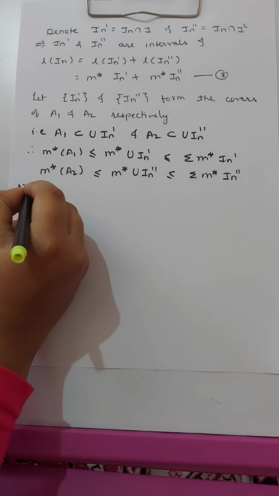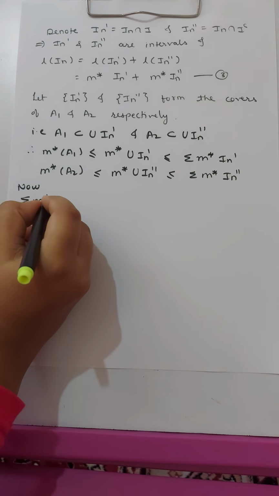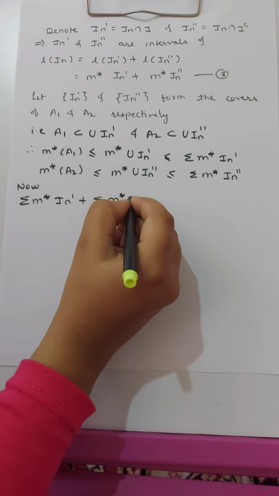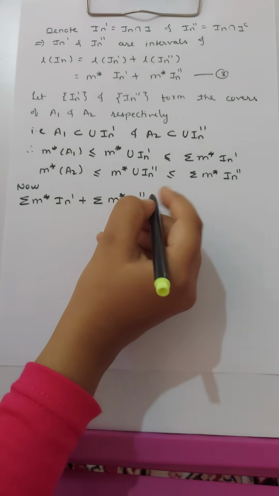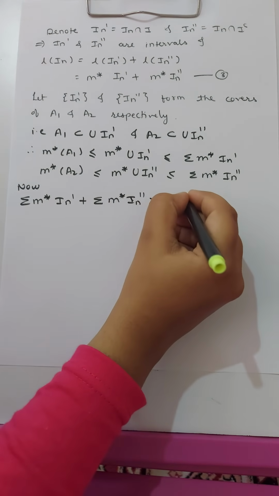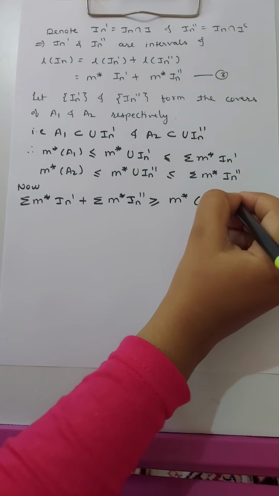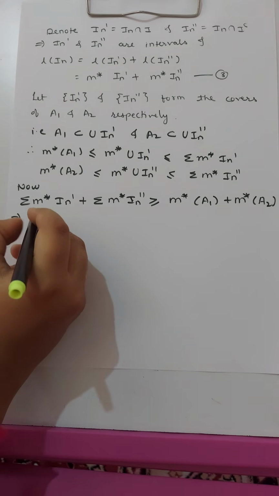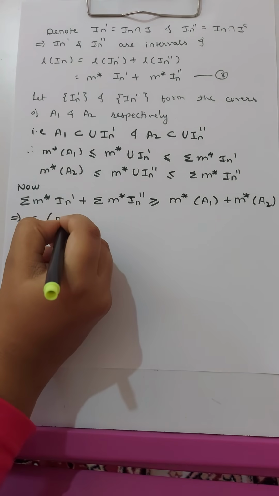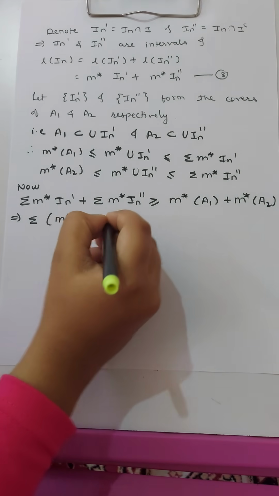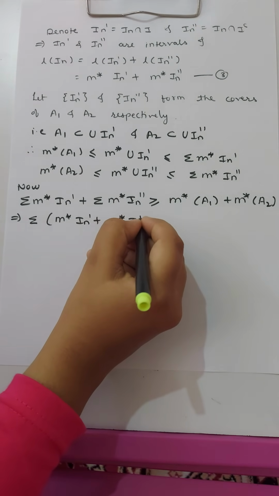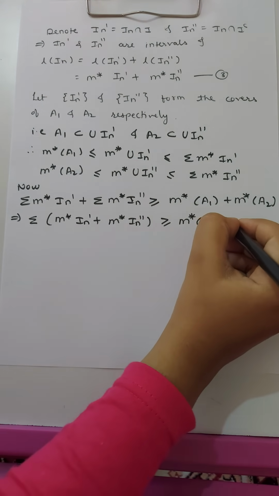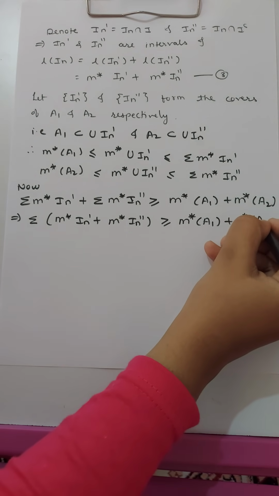So now summation outer measure of In dash plus summation outer measure of In double dash is greater than or equal to outer measure of A1 plus outer measure of A2.